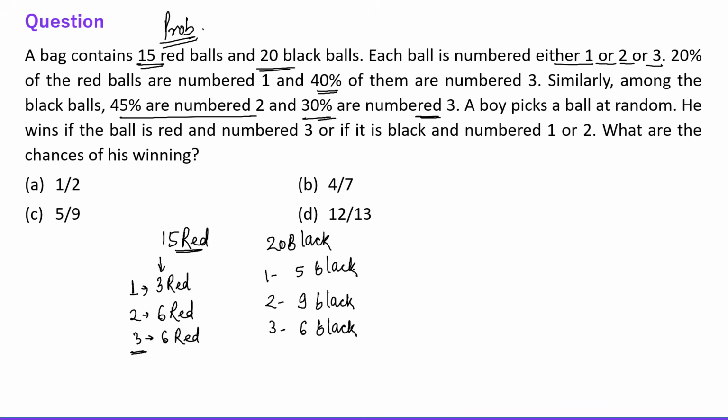After that, the question is, a boy picks a ball at random. He wins if the ball is red and numbered 3. So out of 35, he picks one ball. So 35C1 will be the sample space. And he wins if the ball is red and numbered 3.